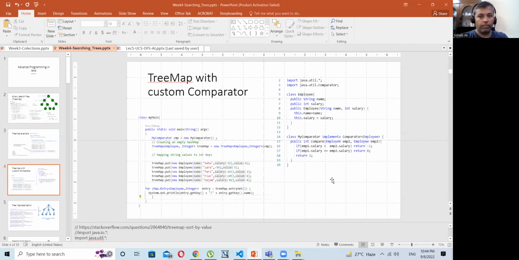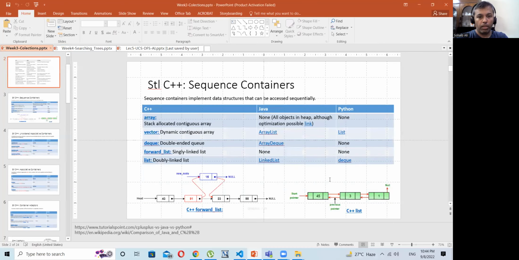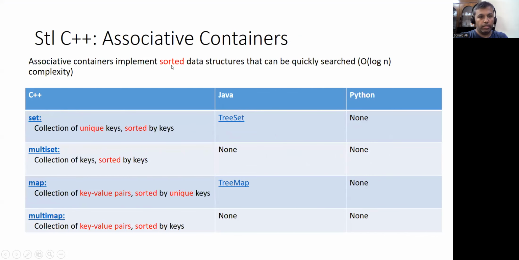If you remember, we saw that these associative containers are a collection of unique keys which is sorted by keys themselves. So Java, when it defines tree set or a tree map, automatically assumes that you are going to sort by your keys. Okay, now what you can do is define this sorting method yourself, but this sorting method will be applicable only on your keys, not on your values, right?